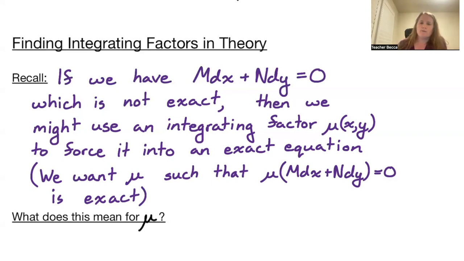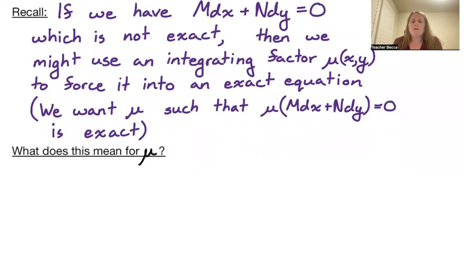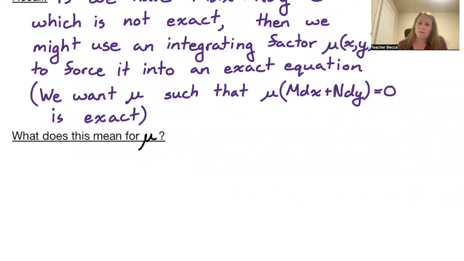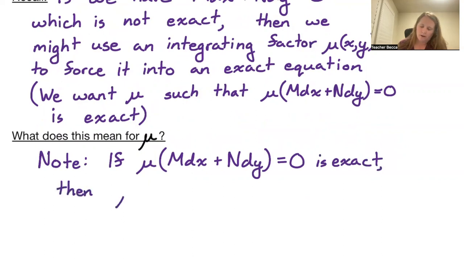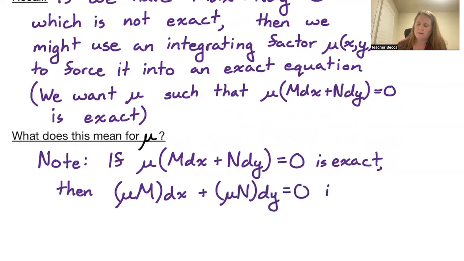So the first thing we need to do is figure out what it means for this equation, mu times M dx plus N dy equaling 0, to be exact. Note that if mu times, in parentheses, M dx plus N dy equals 0 is exact, then multiplying out, mu M dx plus mu N dy equals 0 is exact.